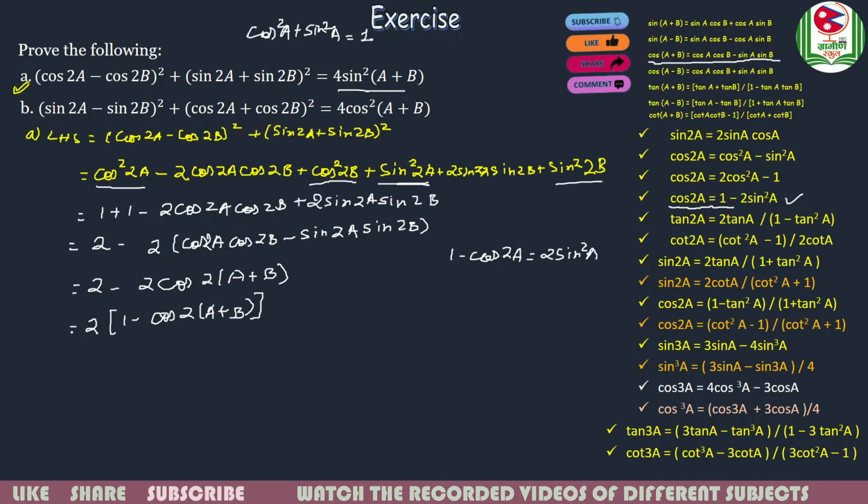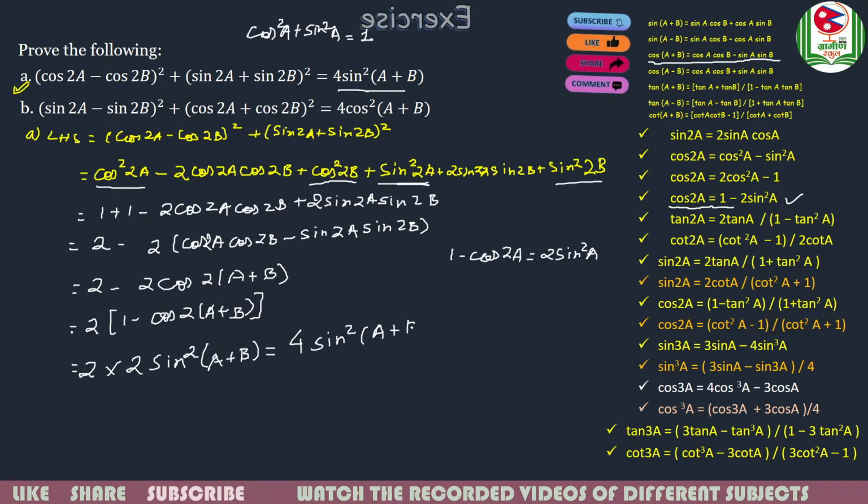Here we have obtained 1 minus cos 2a, and instead of a there is a plus b. So we write 2 into 2 sin square (a plus b), and 2 into 2 is 4, so we get 4 sin square (a plus b). So we have also proved this RHS.